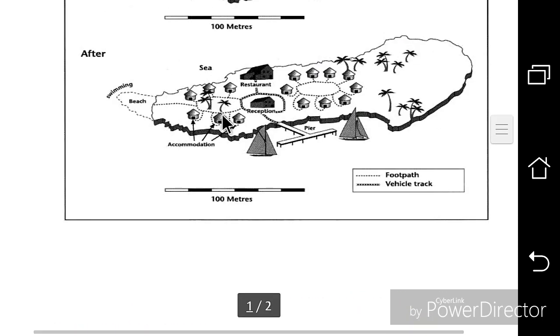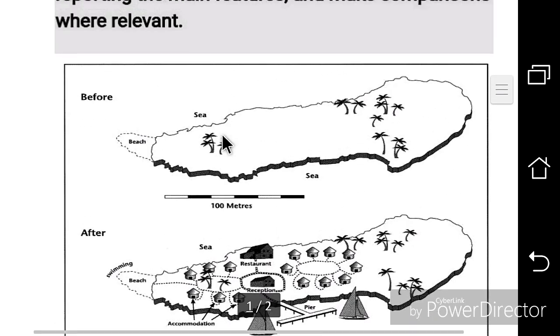Now you can check the map. In the before period, you can see that the north and the south part of the map has sea written over there. And you can also see there is a beach in the western side or in the left hand side of the map. And there are some trees.